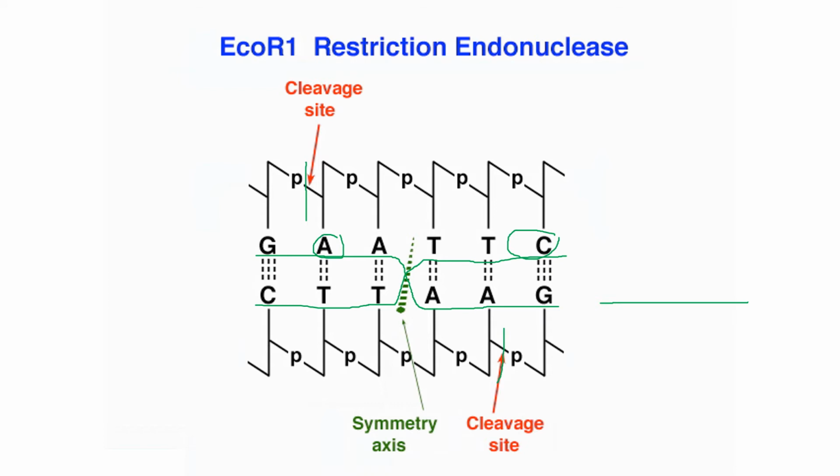I want to see if there's anything else I wanted. Oh, if we cut both our plasmid and our DNA with the same EcoR1 enzyme, then they both contain sticky ends, which helps them anneal better compared to those that are blunt-ended.